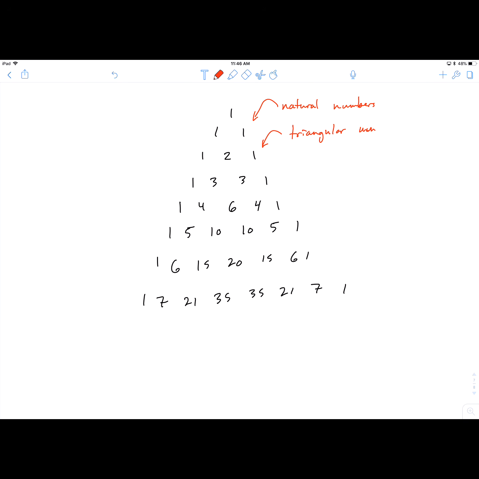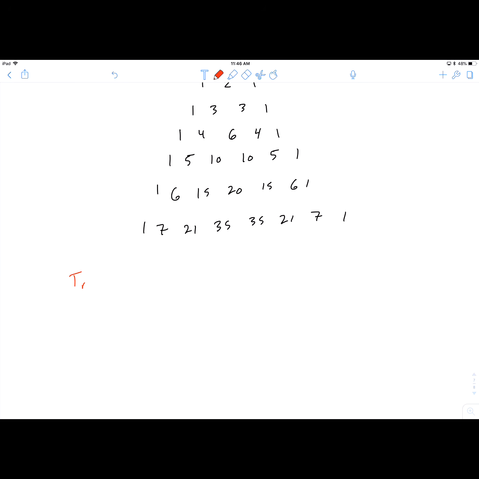Now, why are they called triangular numbers? The idea is that you can draw a triangle with that many dots. So let me show you what I mean. 1 just looks like that. Doesn't really look like a triangle, but for 3, the next triangle, you can draw a pattern like this. And if you add another row below it with 3 dots, you have 6, another triangle.